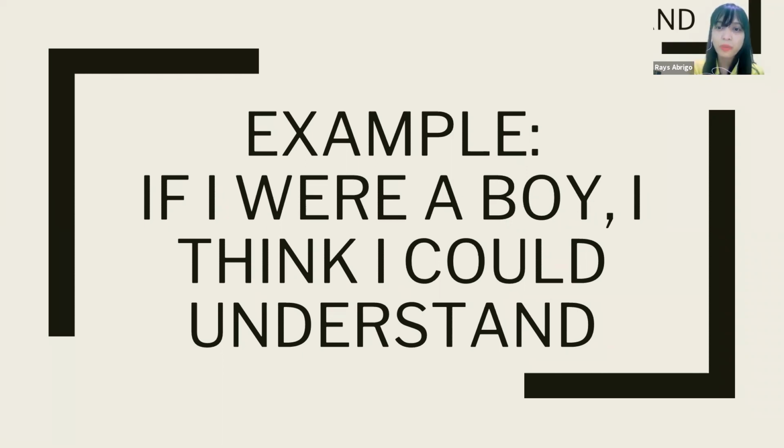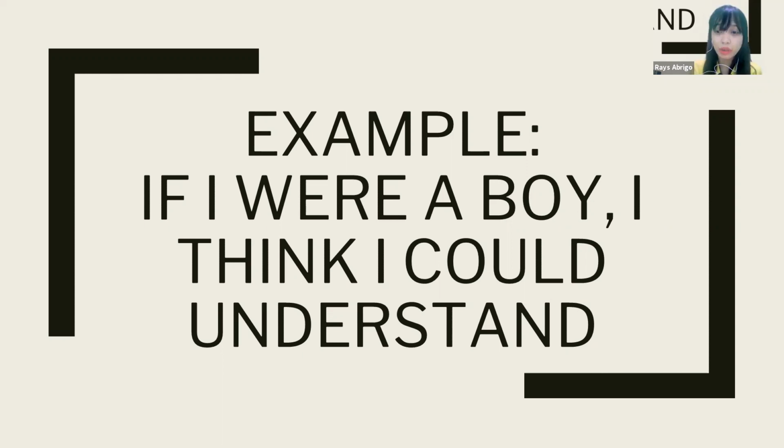Here we could clearly see that the main clause could function as a sentence. There is a subject, there is a predicate, and there is a complete idea. So the if clause is also known as our subordinate or dependent clause, and the other part is what we call the independent clause.